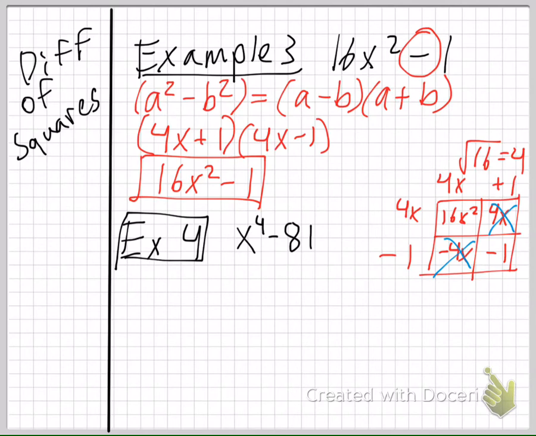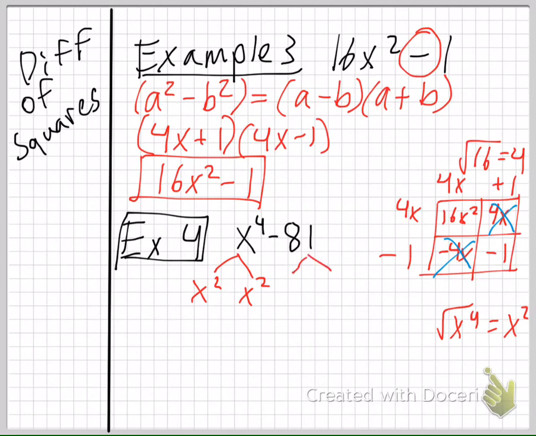Now, additionally, let's look at this next problem. Well, first off, is this a difference of squares? Well, let's go ahead and factor these, right? So x to the fourth, I could break that down into x squared and x squared. So yes, indeed, the square root of x to the fourth is just x squared, because x squared multiplied by x squared will give me x to the fourth.